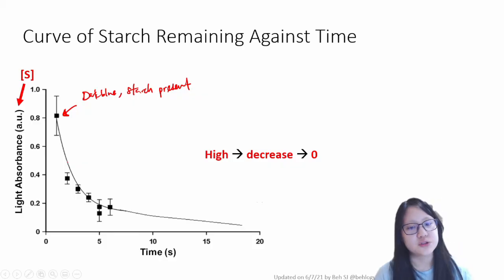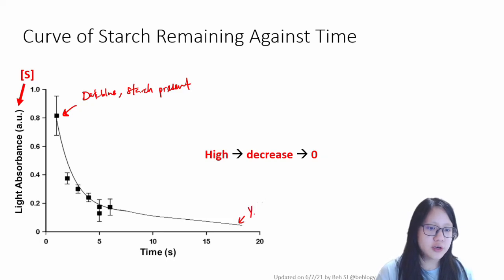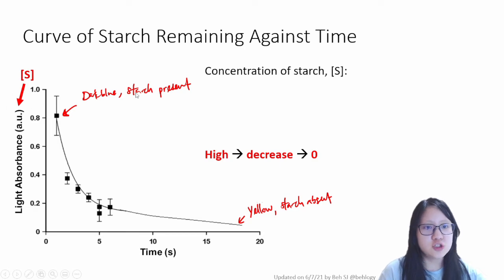Less light passes through. So it's high at first, but later on is low because it's yellow, because starch is absent, and the reaction is completed. So what can we say about the concentration of starch, which is the concentration of substrate?